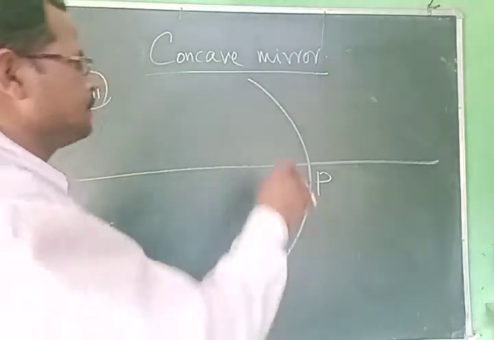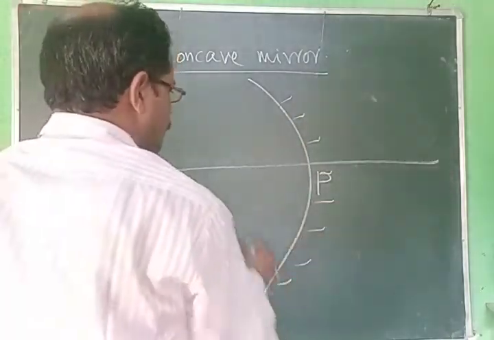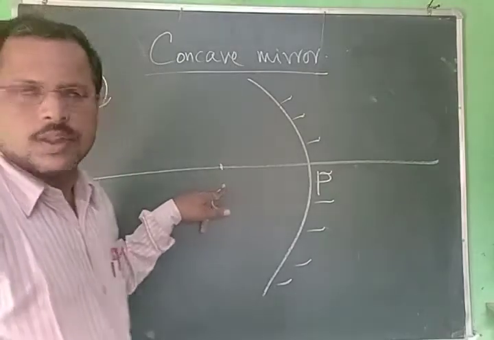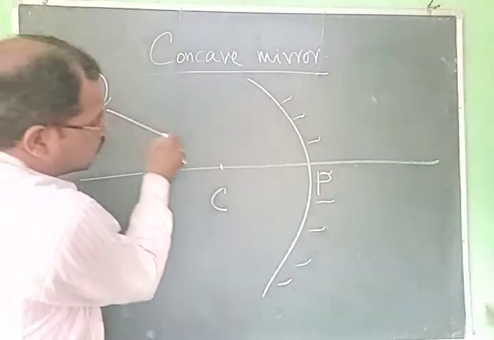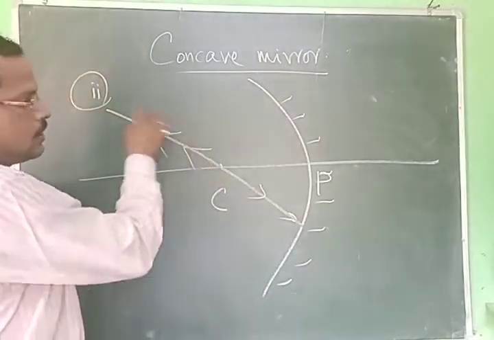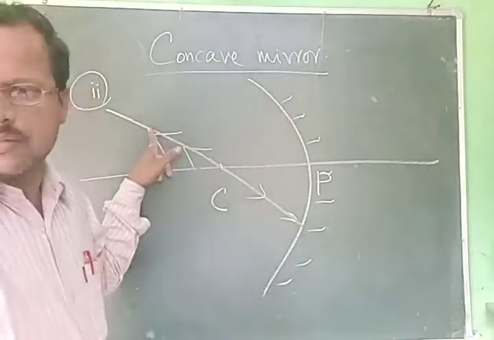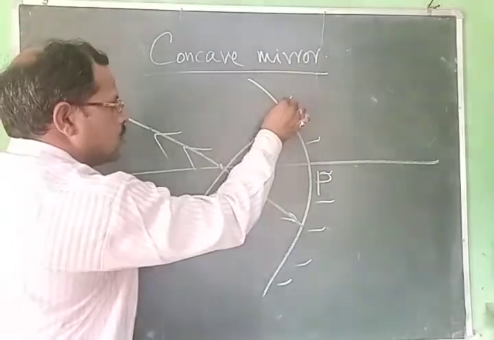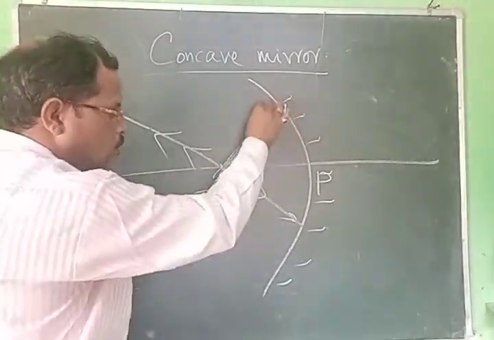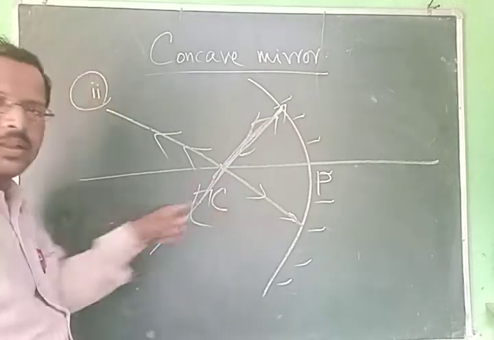Okay, how is it? Suppose this is the center of curvature. Any line passing through the center of curvature gets reflected through the same path. Any line going through the center of curvature will get back on the same path.